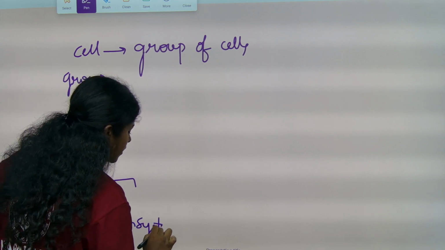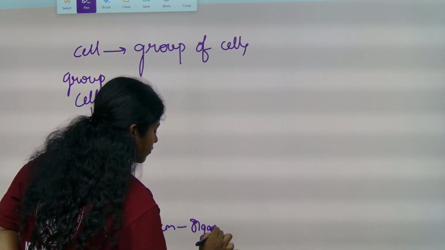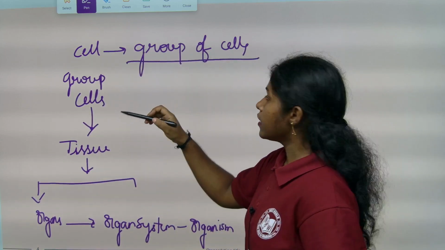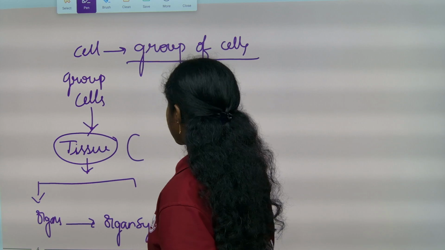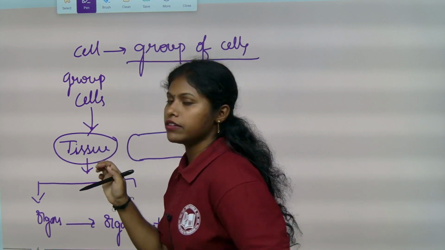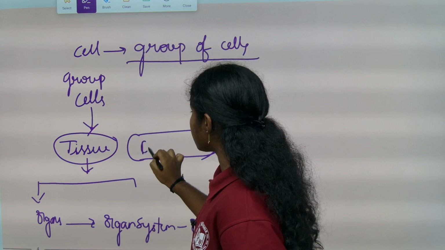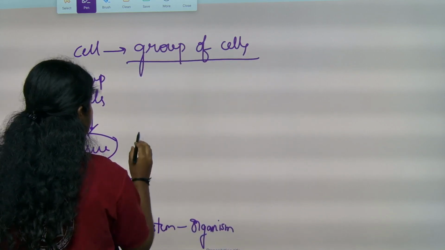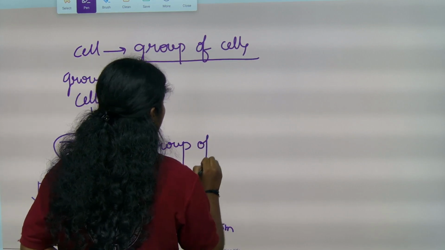Organ system makes the organism. Right children, tissue is nothing but a group of cells allotted for a specific function.